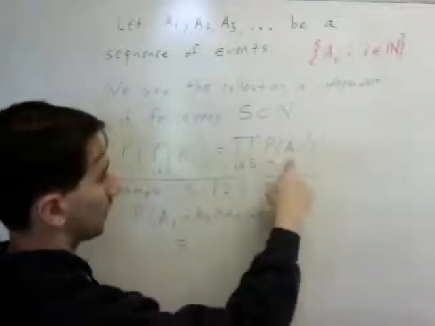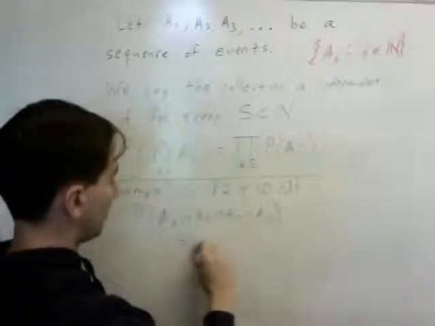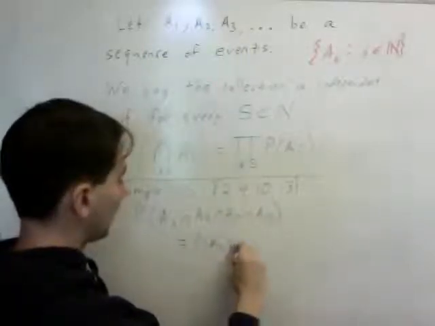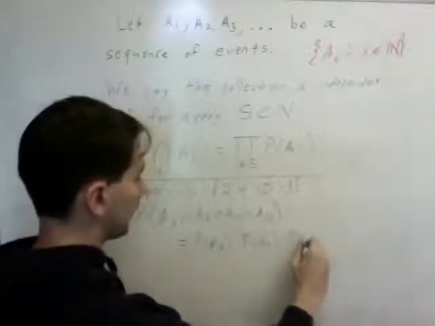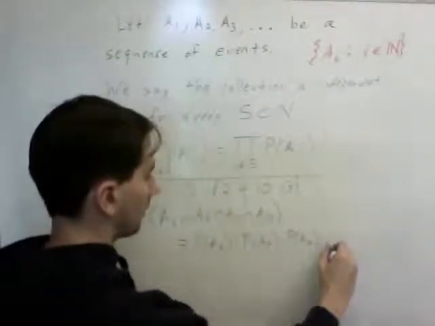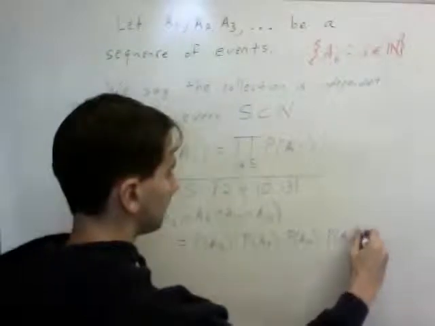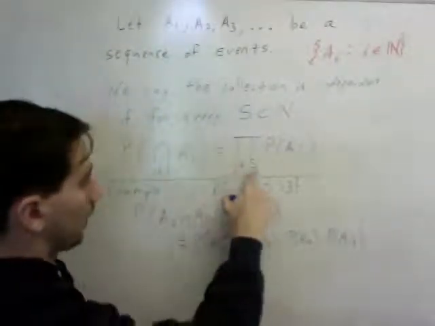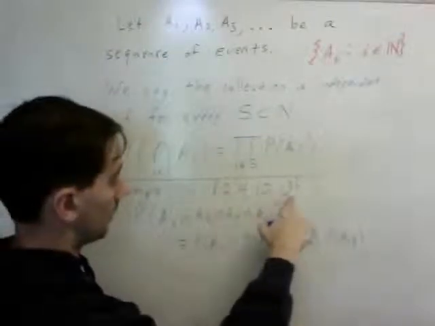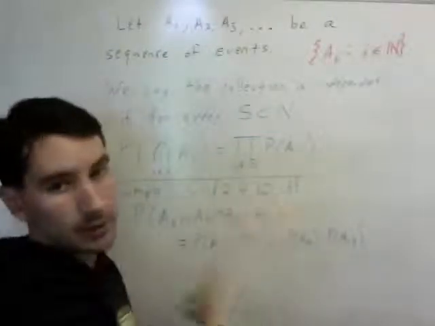So this means you take the product over all these. So it's the probability of A2 times the probability of A4 times the probability of A10 times the probability of A13. So again we go over every i in S, which would be 2, 4, 10, and 13, and we take the product of the probability of those sets.